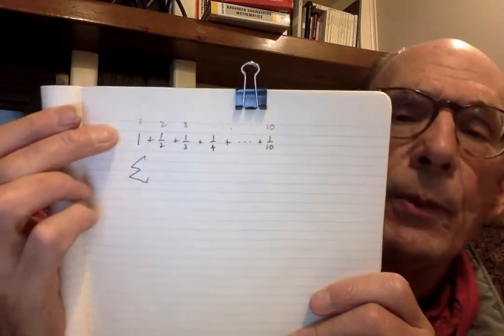I've done the term number in red. And each term is 1 over the term number, so I'm going to do that in red as well. We need a symbol for the terms. Let's call them, call me crazy, N.